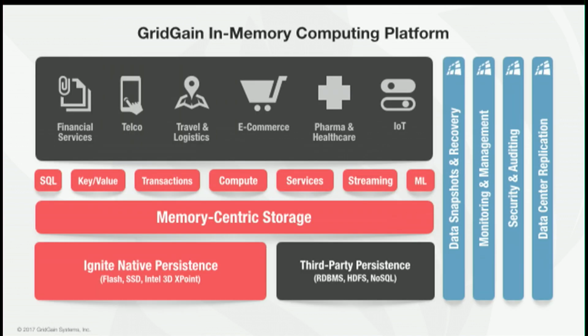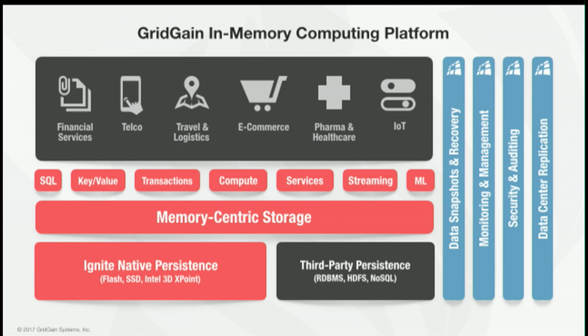And that's how it looks from a more architectural perspective. At the heart of the system, that's how your system built on top of Apache Ignite will look. At the heart of it, we have a memory-centric storage. I will also explain in more detail what it means, but basically, this is a data storage where you have your data.